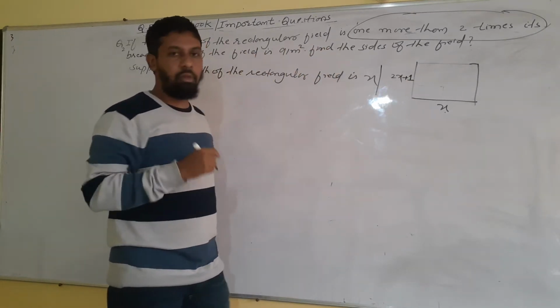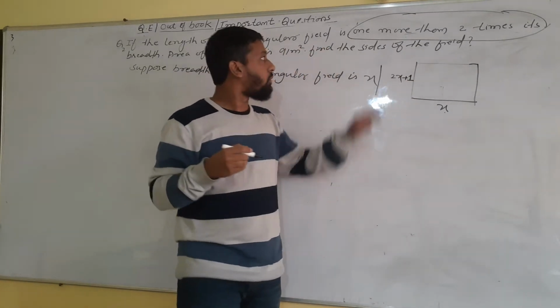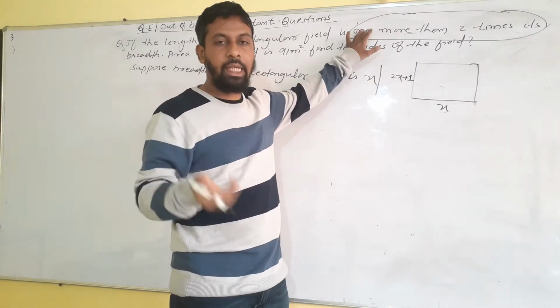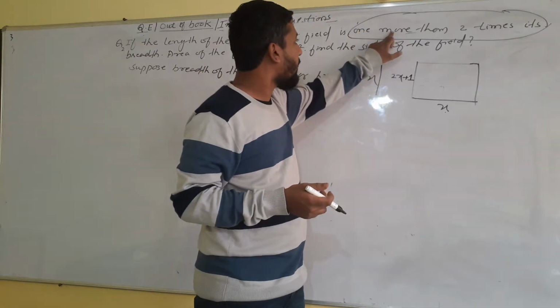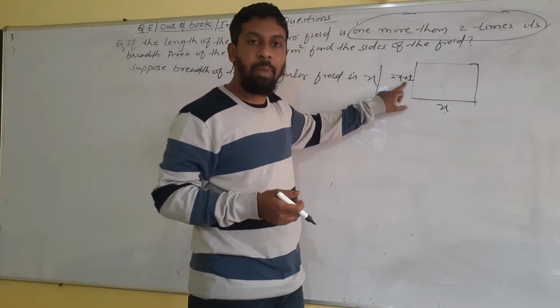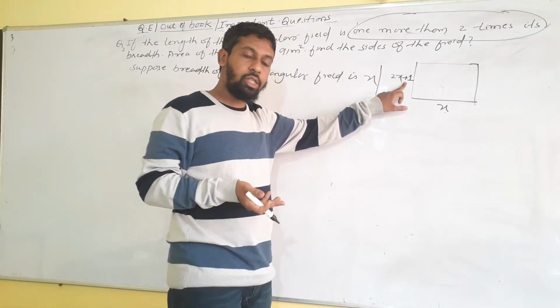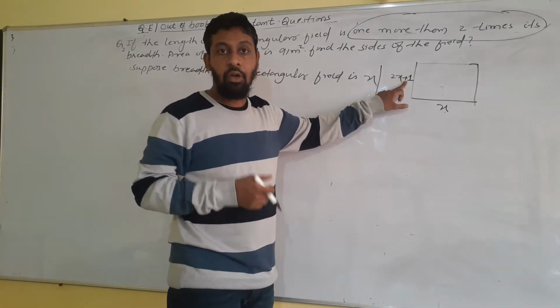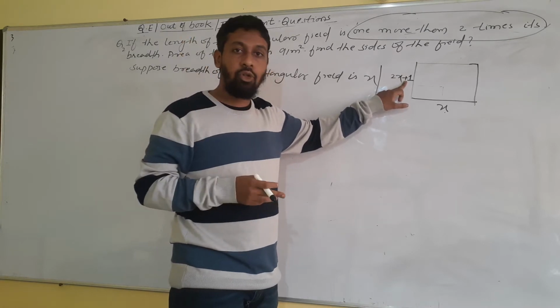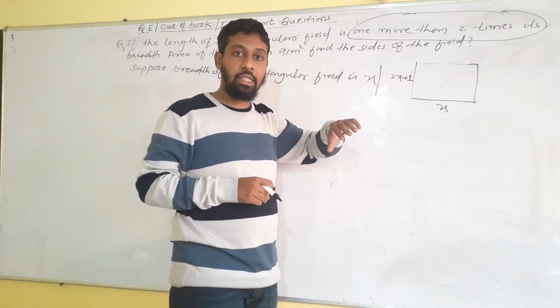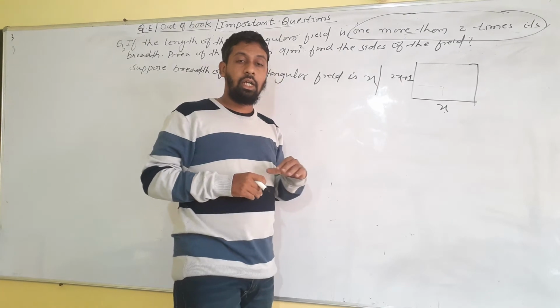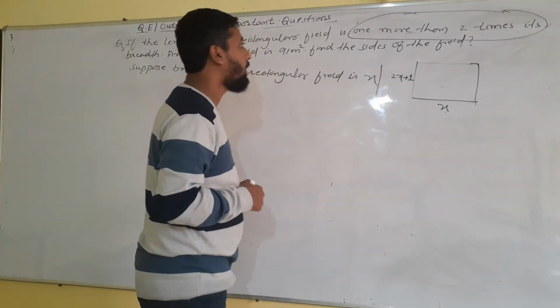When you convert a sentence into the mathematical form, for more and greater you can use the plus sign. For increase you can use the plus sign. For decrease, for less, you can use the minus sign. Keep in mind.